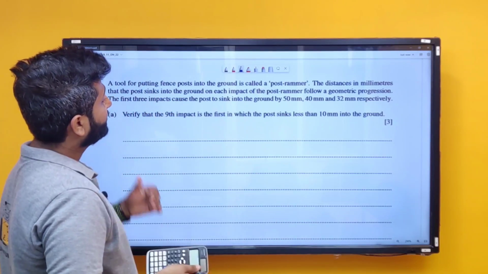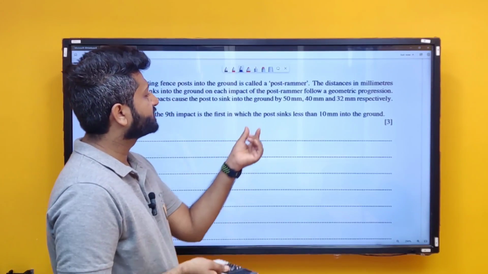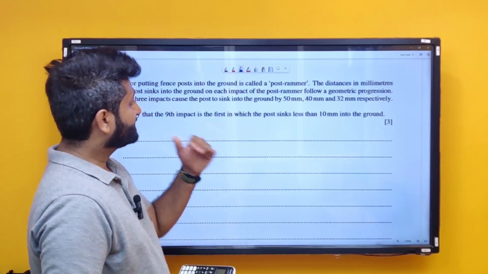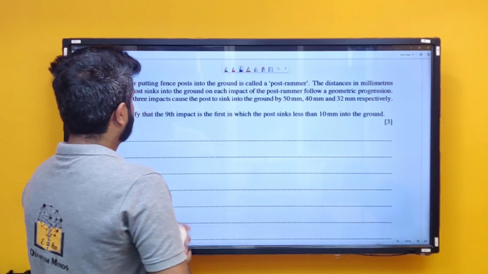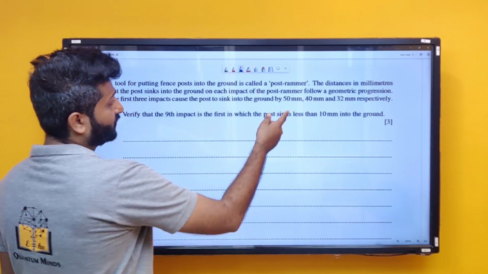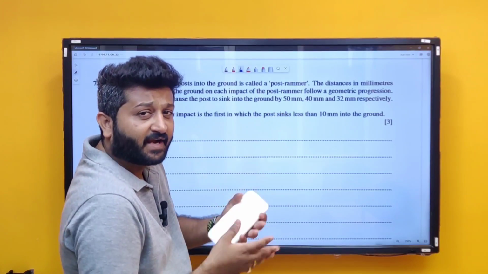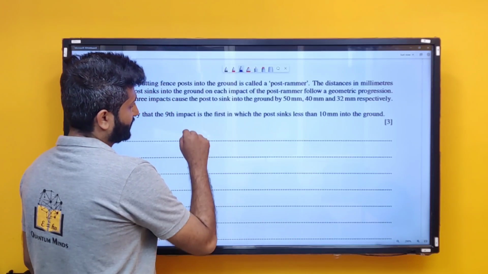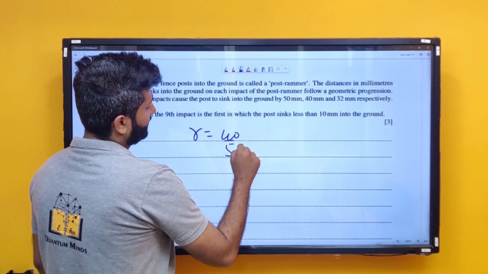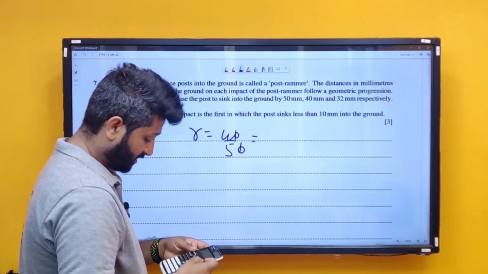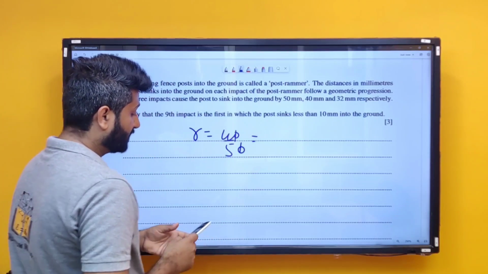Verify that on the ninth impact the post sinks less than 10 mm into the ground. So this is a GP, so we'll have to find the ratio. So R is nothing but 40 by 50, so 4 by 5, which is 0.8.